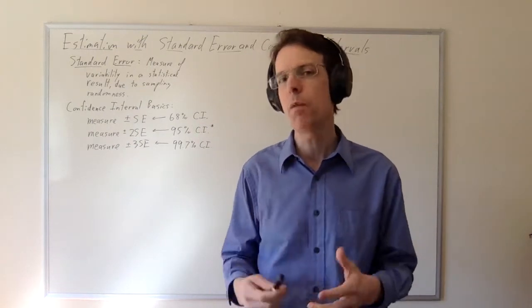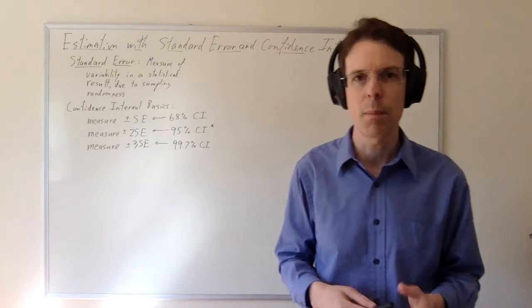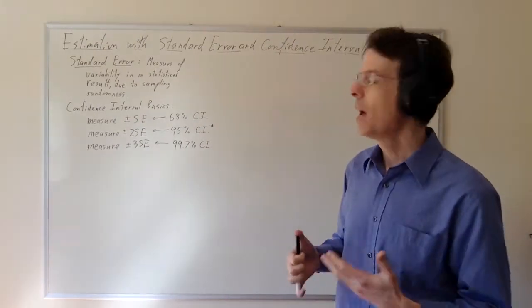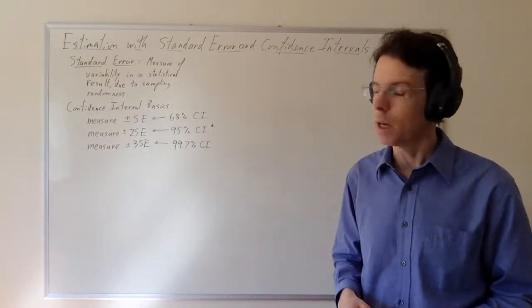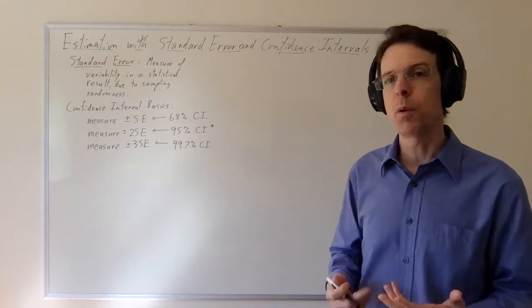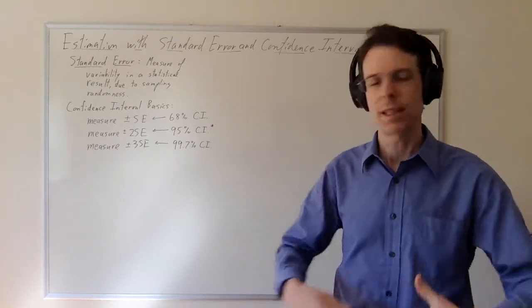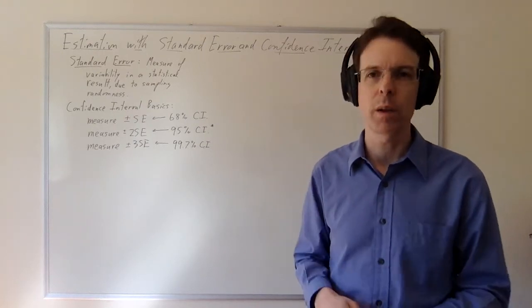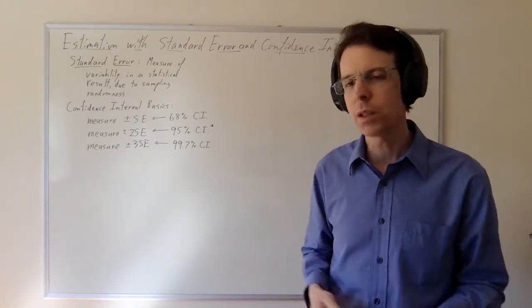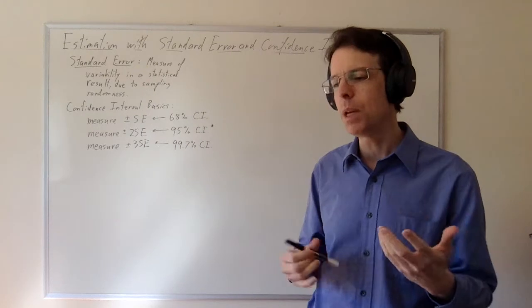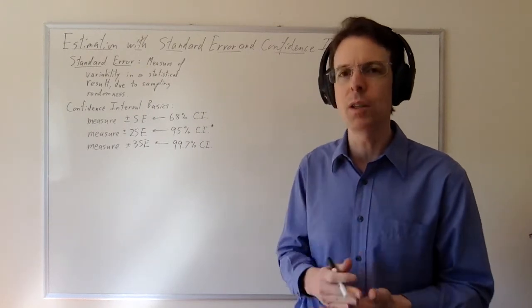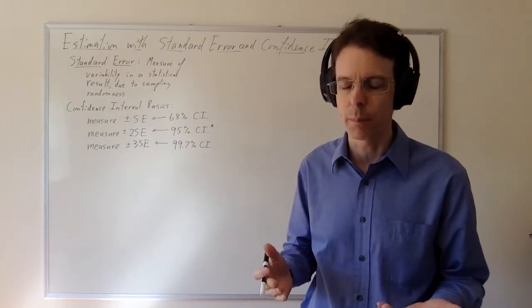When you measure any feature of a population by using a sample, the standard error is how much error you are likely to make. So if, for example, you're measuring the average mass of a cat and you're sampling a bunch of cats in order to figure out what their average mass is, your answer is going to be wrong. That's not going to be exactly the right value of the average mass of a house cat.